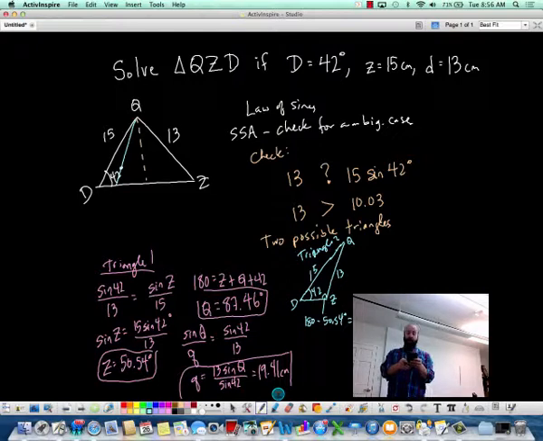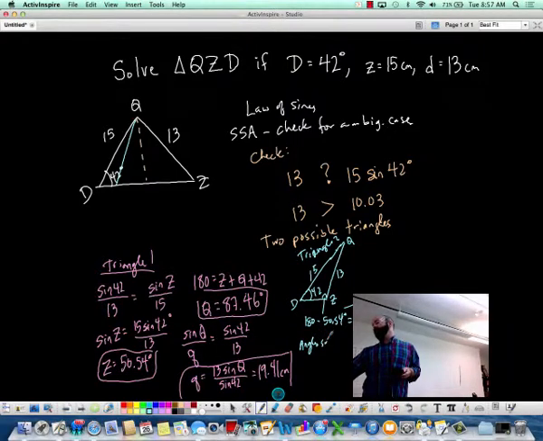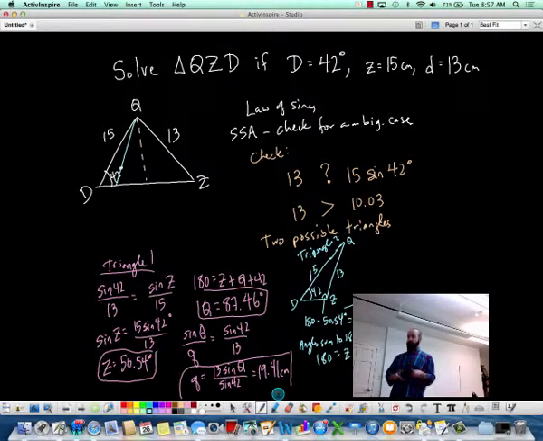So what I'm going to do is go ahead and pop that in my calculator, and I get 129.46 degrees. And then everything else proceeds just like I did the first time. This time, I'm going to use the angles summing to 180 with this number, the 129.46, plus the 42, and I'll use that to find Q, which is going to be a much smaller angle this time.